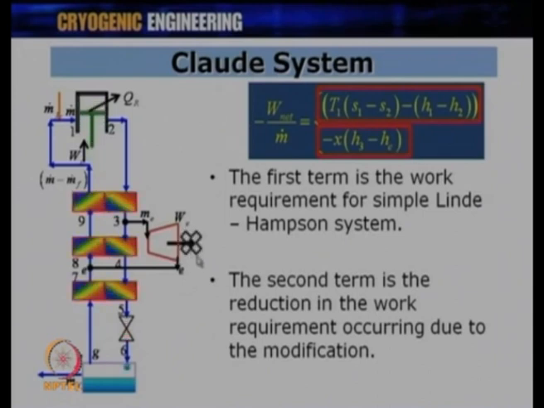Sometimes we consider it, sometimes we do not, but theoretically we can consider that whatever net is available is the work done on the compressor minus the work you get from the expansion engine, although this work output from the expansion engine is very, very small as compared to the work done on the compressor.